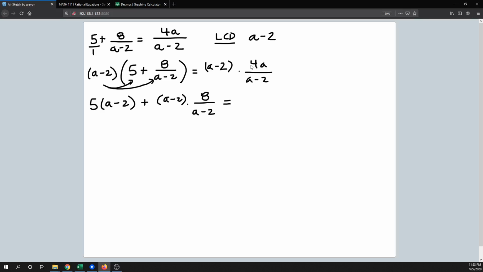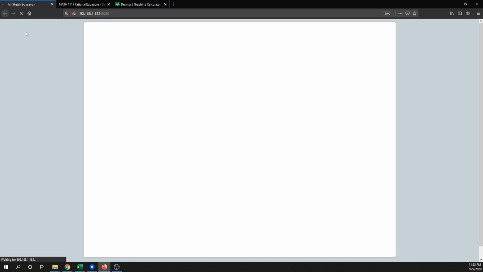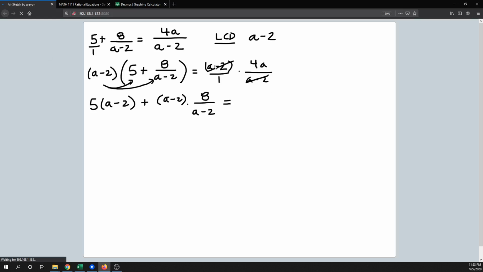Over here on the right-hand side of this equation, I can go ahead and cancel. I have an a minus 2 up in the numerator of this fraction. Remember, you can always write that as a minus 2 over 1.